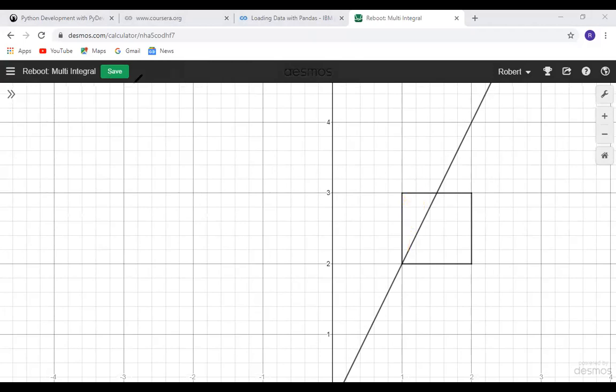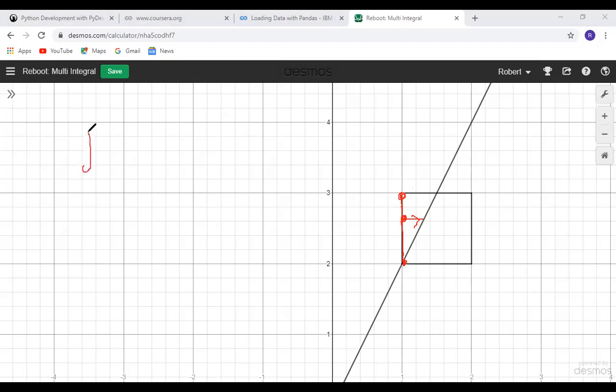The way that we're going to do this is to think in the following way. For every y value going from this point up to this point, the x values are going to go from that line to that line. So for every y value going from 2 to 3, the x values are going to go from this vertical line to this slanted line.